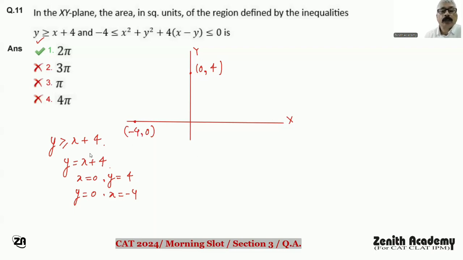So slope is 1. ये इस तरह की एक लाइन होगी, राइट। It is y is greater than or equal to x plus 4. सो इट मीन्स ये जो एरिया है आपका, ये जो जाएगा, ये हो गया आपका पूरा y इज ग्रेटर देन इक्वल टू x प्लस 4, राइट?